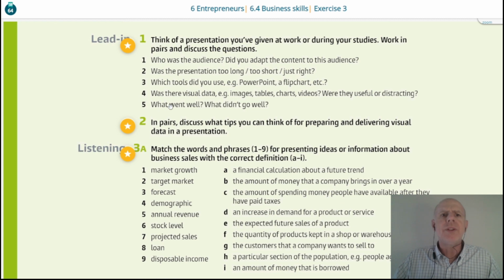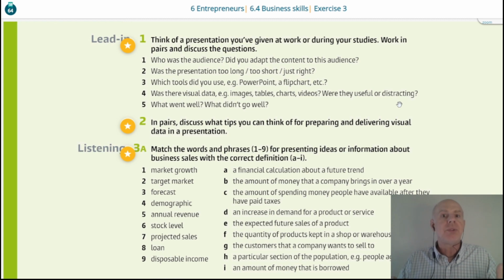Number 4, was there visual data such as images, tables, charts, videos? Were they used for distracting? Well, imagine you use images to help you follow a line of ideas, right?